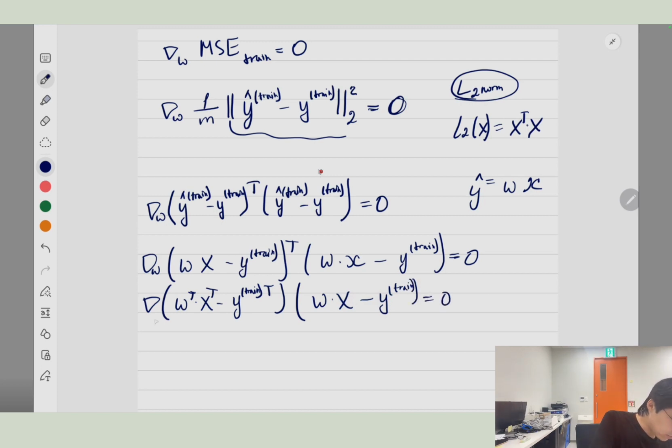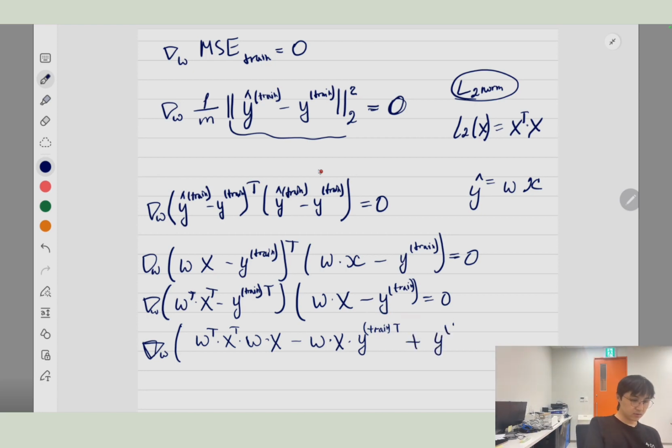So if I open it, it will be weight transpose x transpose weight x minus weight x y train transpose, plus y train transpose y train, equal to 0.